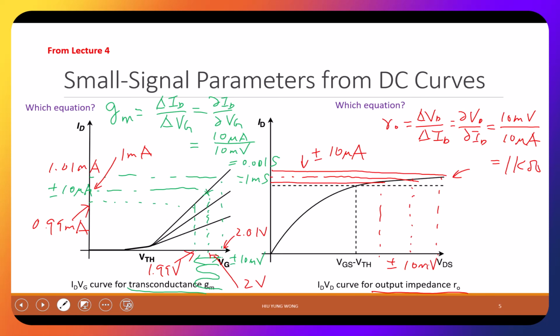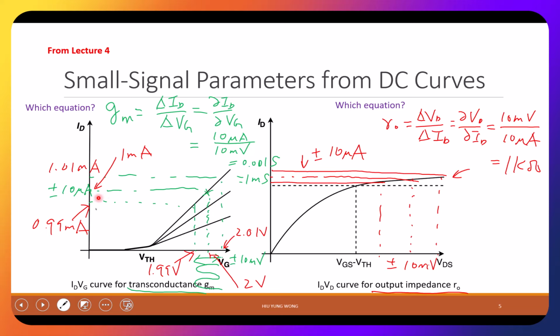Here, the same. In principle, if you don't do small signal analysis, you need to solve this complicated equation together with the whole circuit. But now, for example, you say, I bias my gate at 2 volts, and then let's say my drain is at this level, so I need to look at this curve. Now I change my voltage by plus minus 10 millivolt.